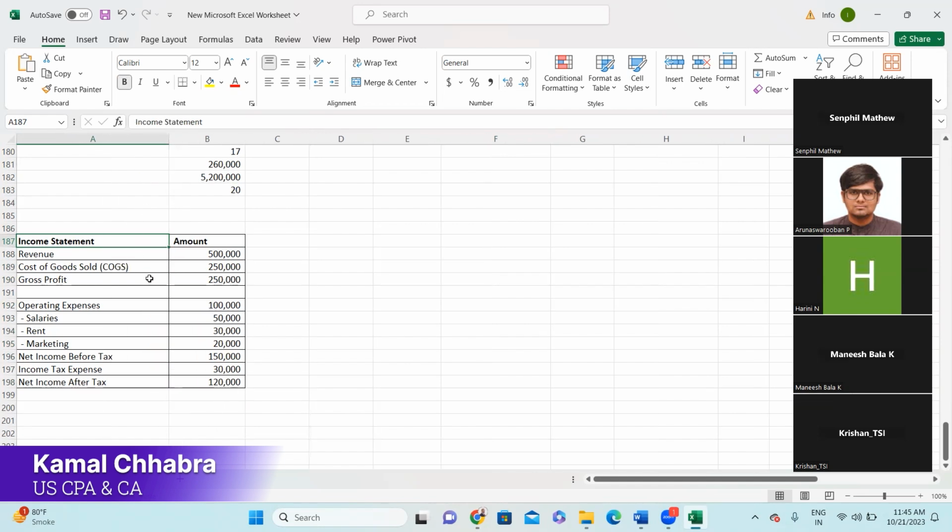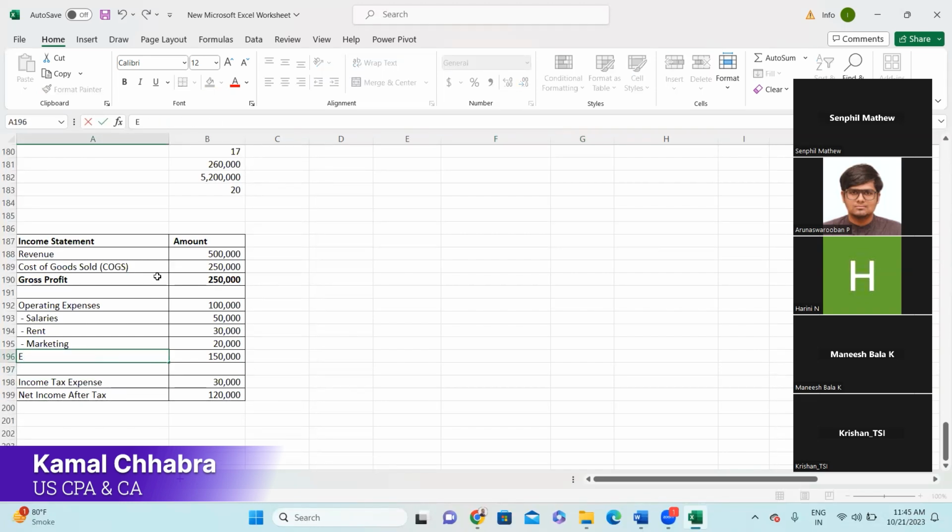So what it says, you have revenue, you have cost of goods sold, and you have some gross profit, right? And then you have some operating expenses, and then you reach earning before interest and taxes.